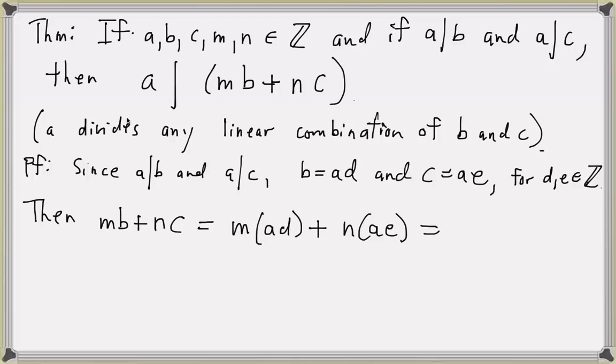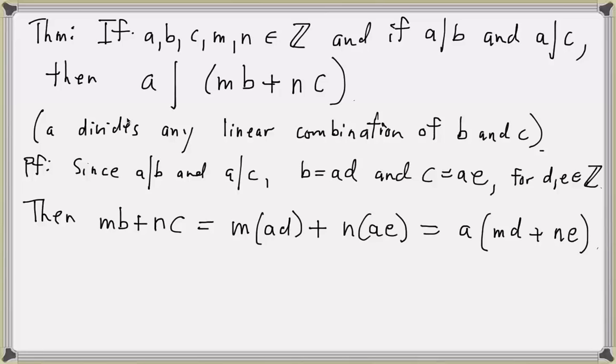Now, both of these terms have a common factor of a, which I'm going to factor out. From the first term, I'm left with the factors m and d. In the second group, I'm left with the factors n and e. But we just said that if you add and multiply integers, the result is an integer.